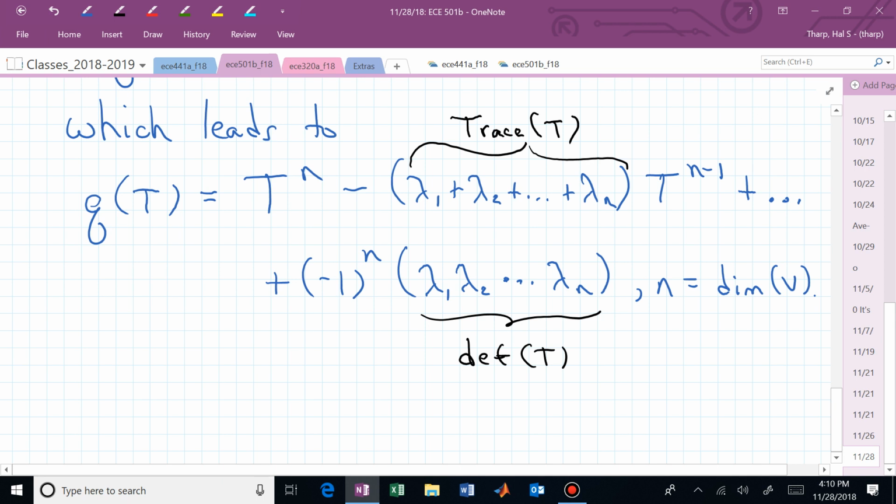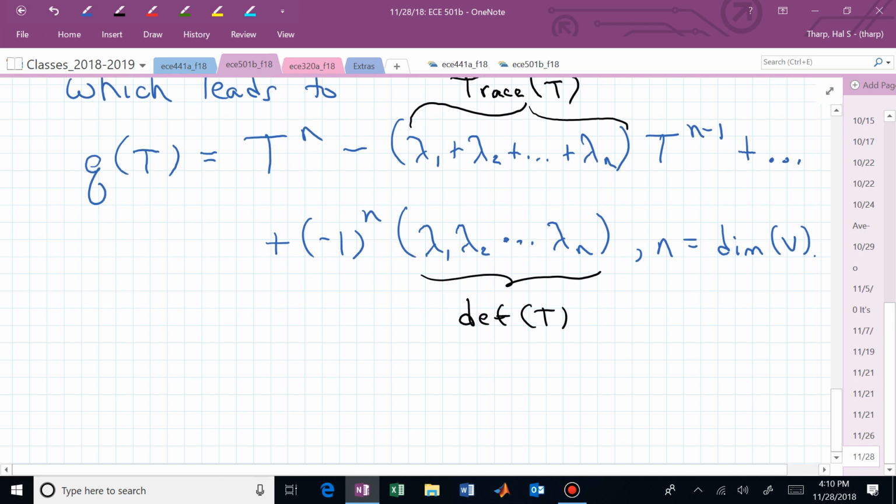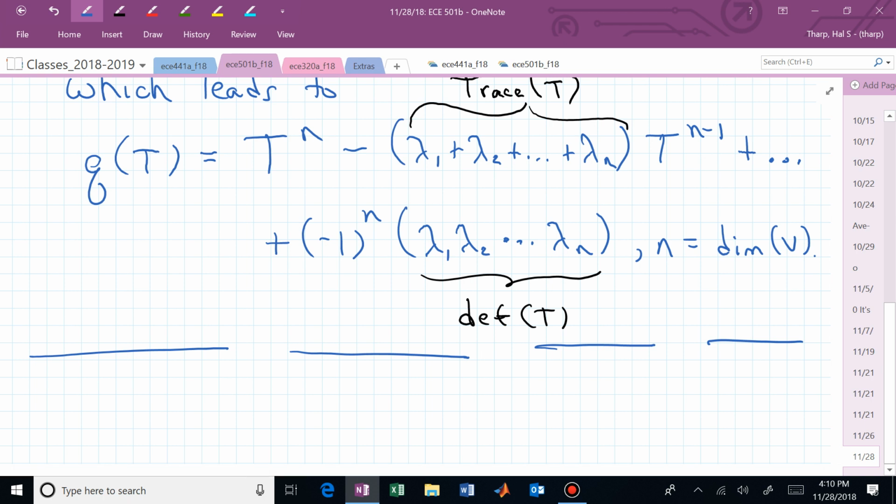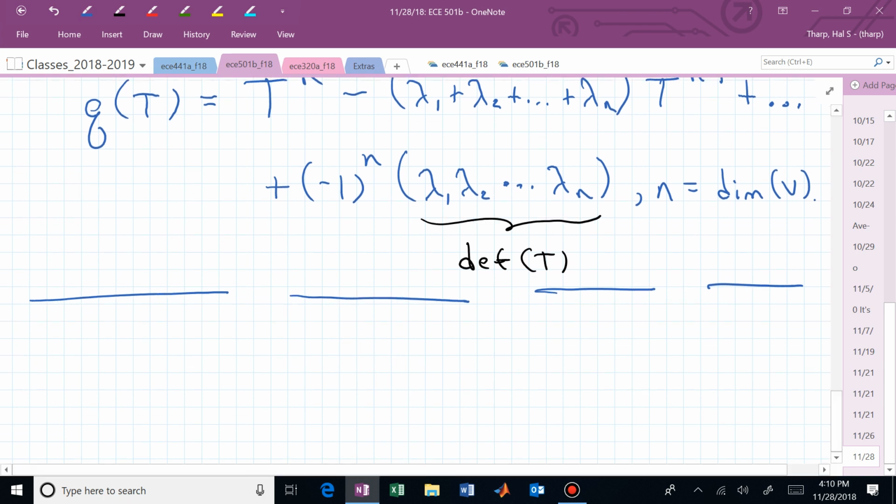And now we want to connect or illustrate the connection between these trace, these operators and matrices, and determinant.